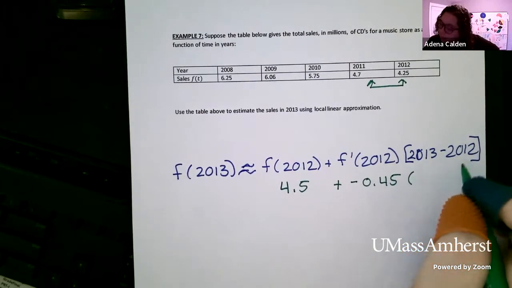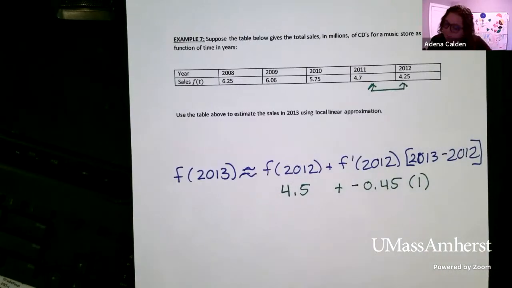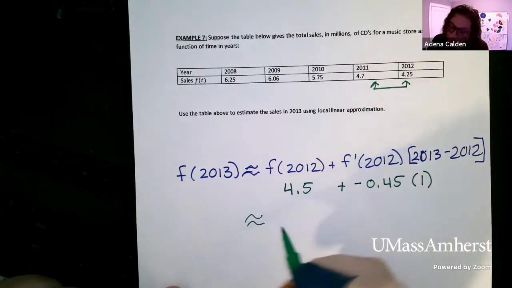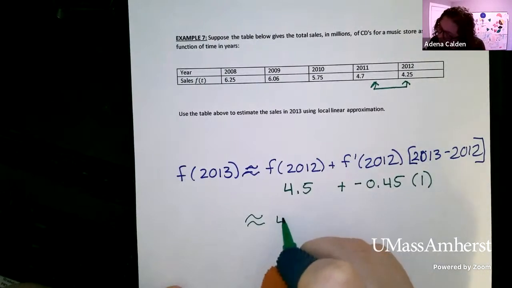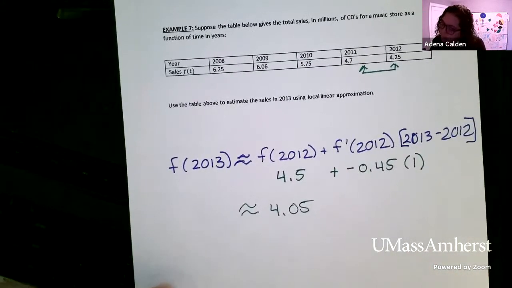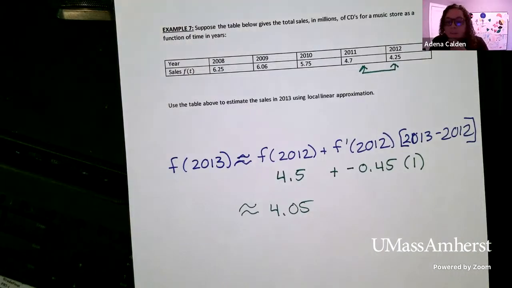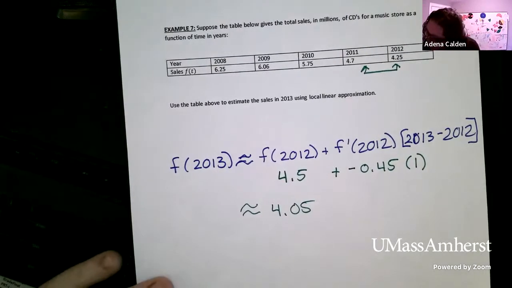And then times 2013 minus 2012, which is 1 year away. So when you crunch those numbers, you get 4.05. Okay, and remember, these are going to be in millions of CDs.